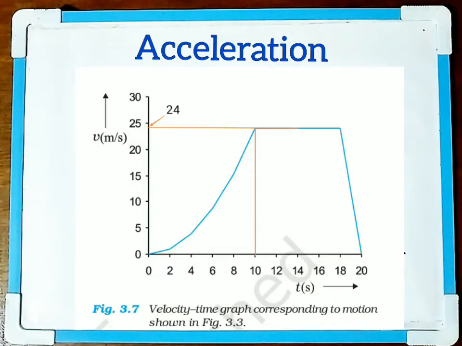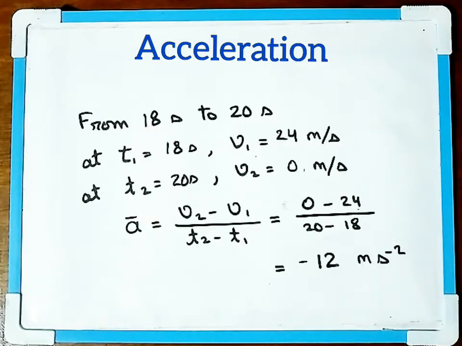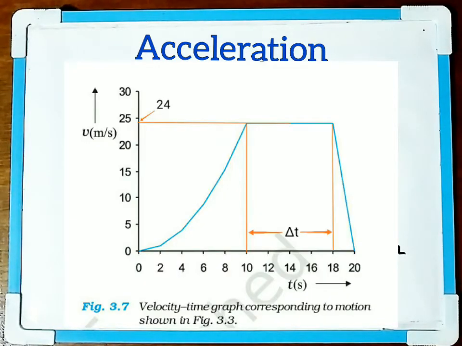Then from 18 seconds to 20 seconds, he's applying brakes to stop the car, that is, to decrease the velocity of the car from 24 meter per second to 0 meter per second. So in the first interval, he's pressing the accelerator. In the second interval, he's just moving at a constant velocity without any acceleration.